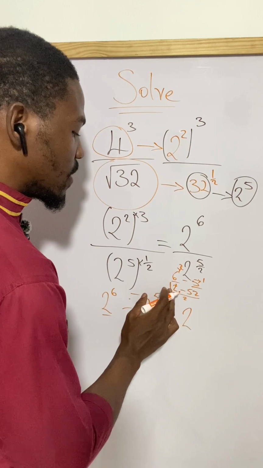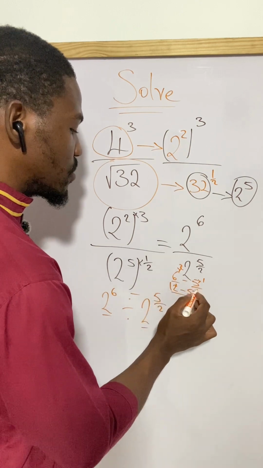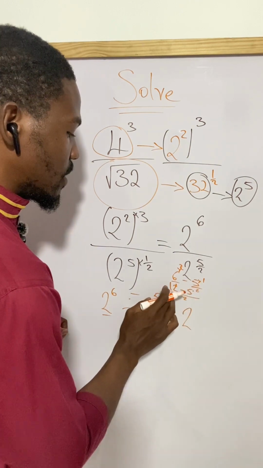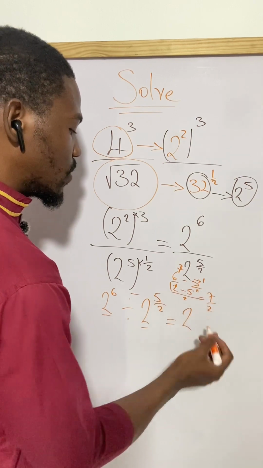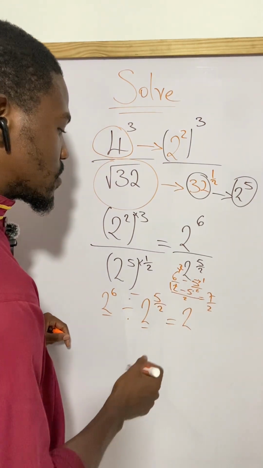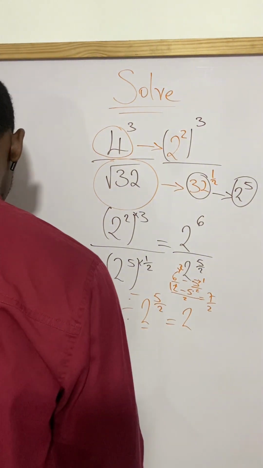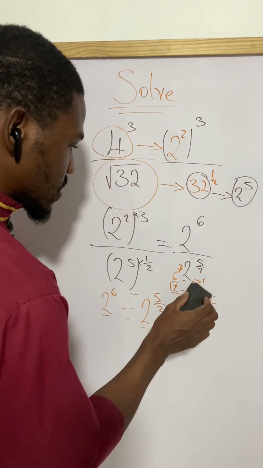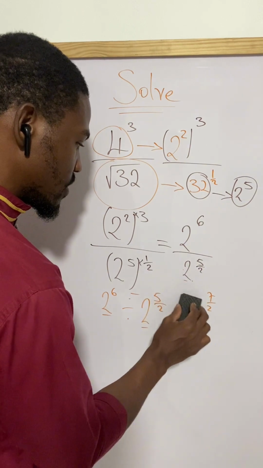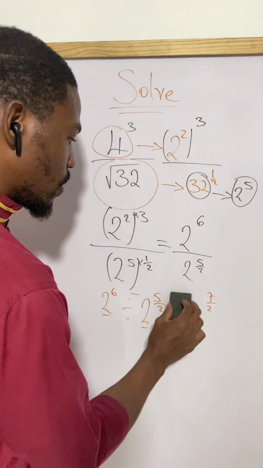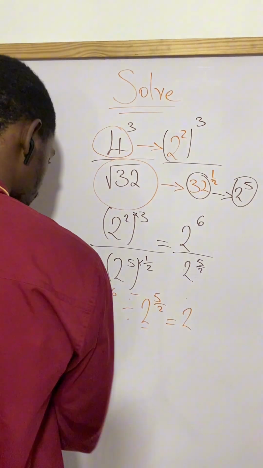Now we actually have 12 minus 5, removing that 2 so we don't have confusion there. 12 minus 5 is going to give me 7, and we keep the 2 as the denominator. So what we have here is 2 to the power of 7 over 2.